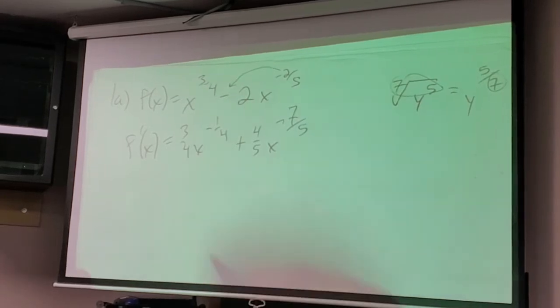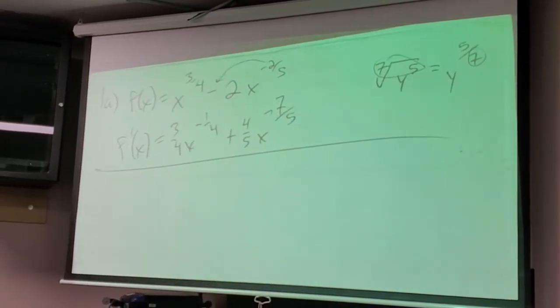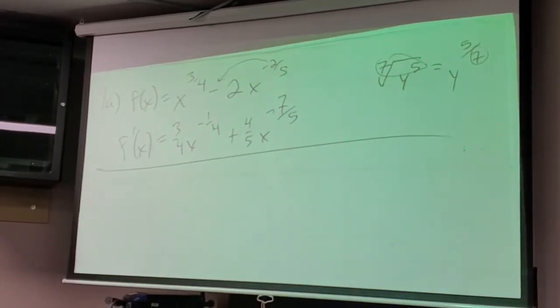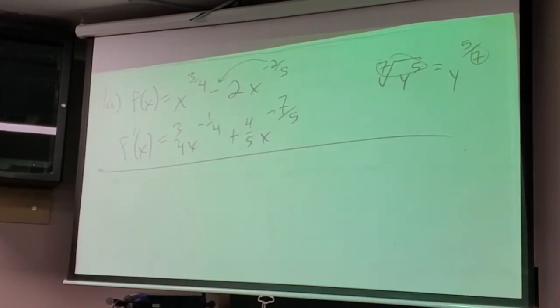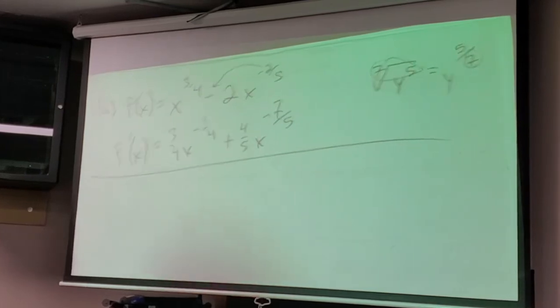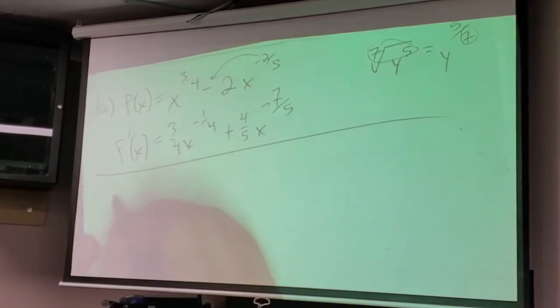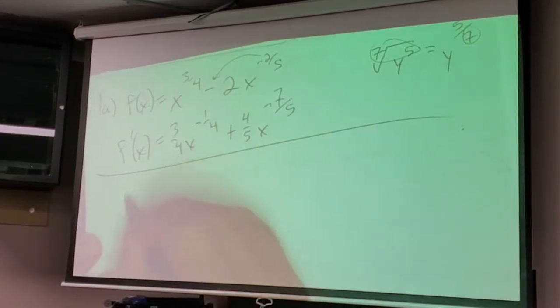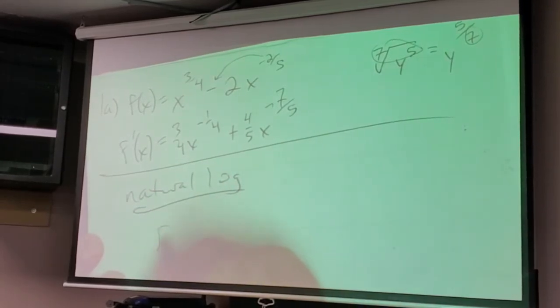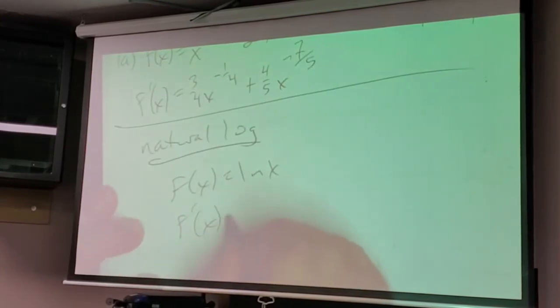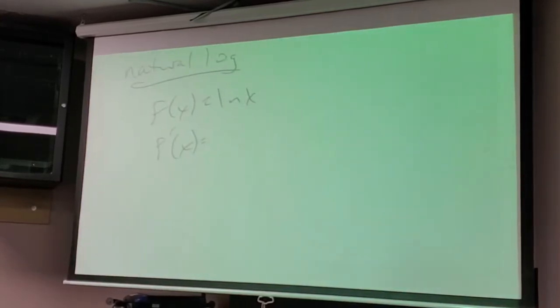Okay. Anything else? If we just start marching through that, I might just give you the answer. Yeah. I'm confused with the LN stuff. Okay, so let me catch up to you. Natural log. So if I have a function natural log of x, what is its derivative? 1 over x.